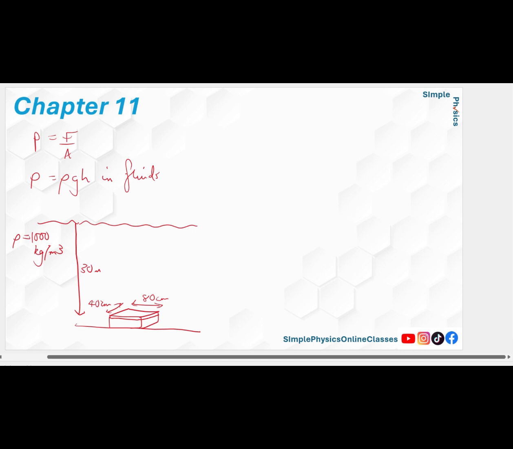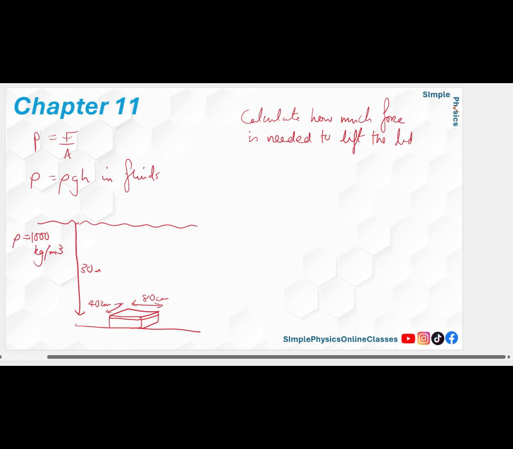So the question is, calculate how much force is needed to lift the lid. Okay, so this is the reason why they probably don't lift the lid underwater. They wait till they bring it to the surface. So let's have a think. Right, okay.